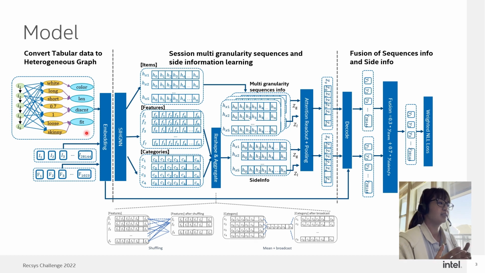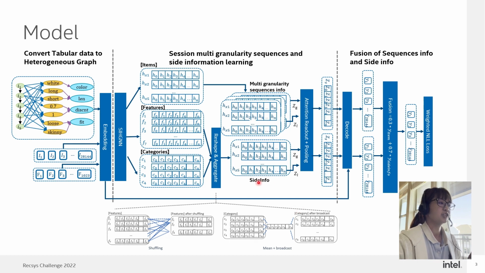Then we feed this heterogeneous graph into our GNN, and we will have three types of embedding tables because we have three types of nodes: item, feature, and category. We didn't aggregate these three types of nodes immediately, but we use two channels to propagate the information.